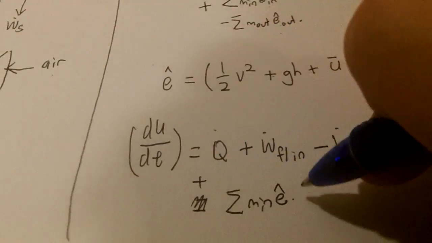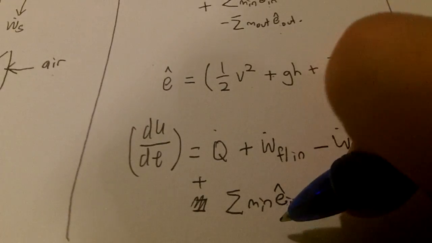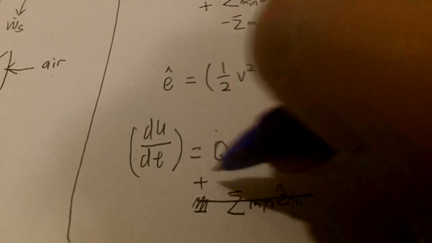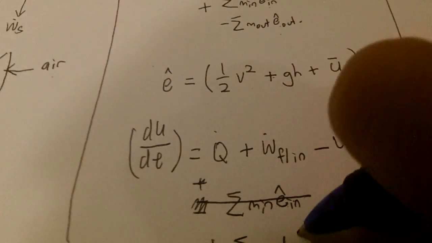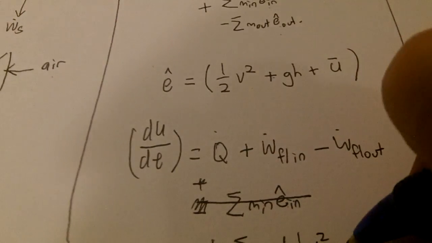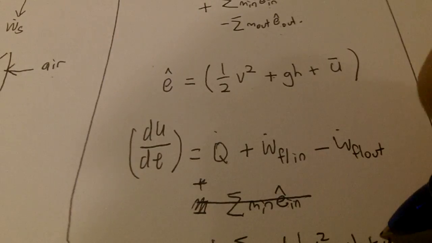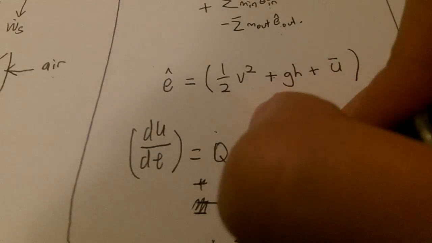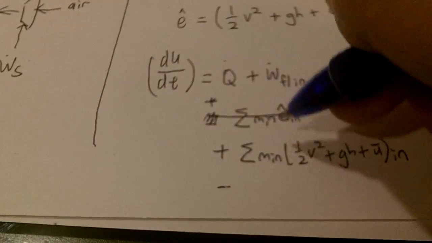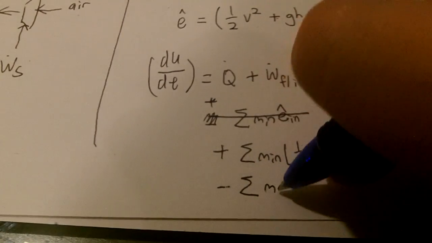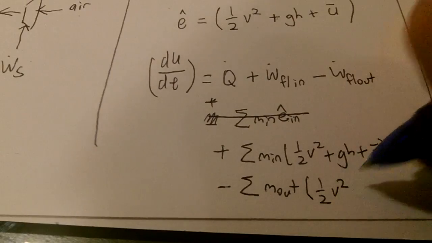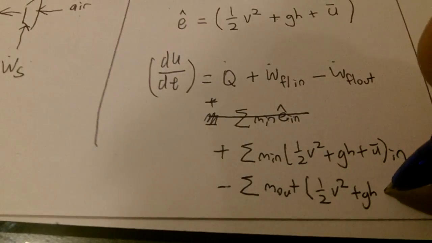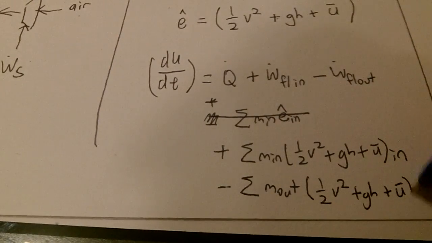So this should be a plus, and this, okay, let's do it this way. Half v squared plus gh plus u in, minus the sum of mass out times the energy: kinetic energy, potential energy, and internal energy.